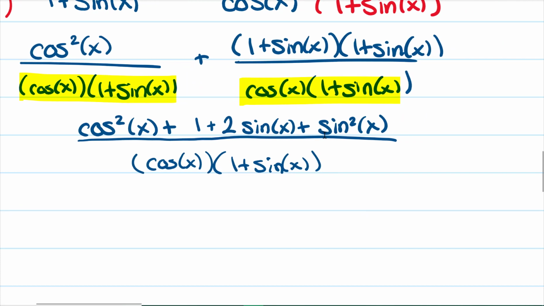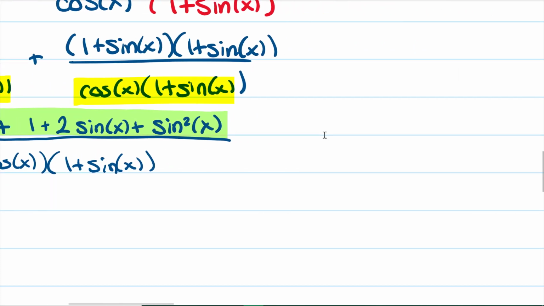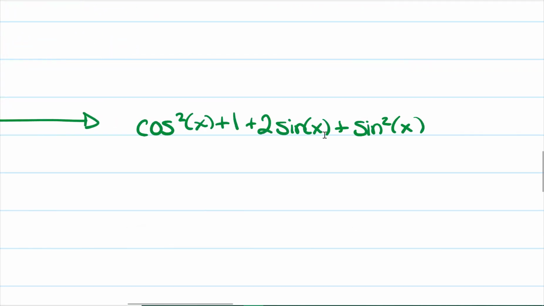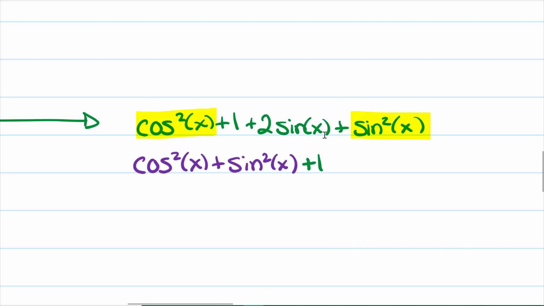At this point, I'm going to take this numerator and work it out on the side, over here. Okay, so the first thing I need to do is start cleaning this up. Well, I look right here, and I have a cosine squared and a sine squared. So I know that if I do cosine squared plus sine squared, I'm going to get a 1. So I'm going to rewrite the order of this problem: plus 1 plus 2 sine of x.